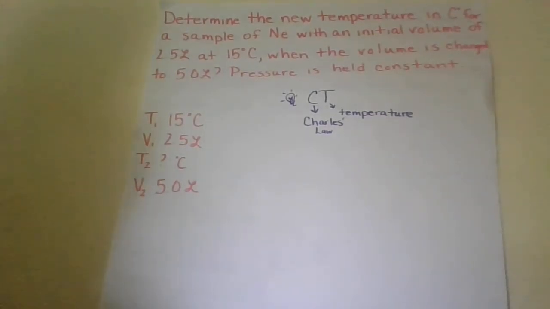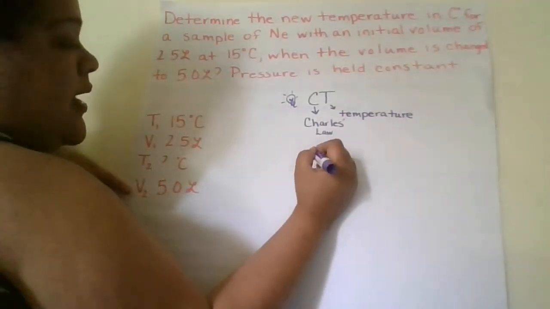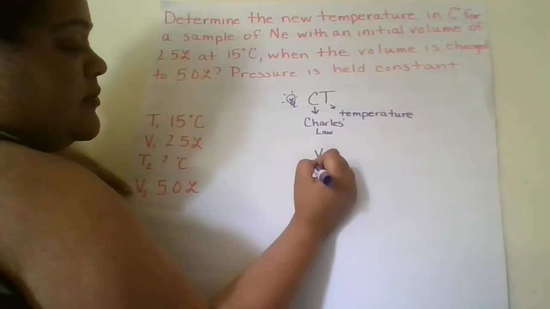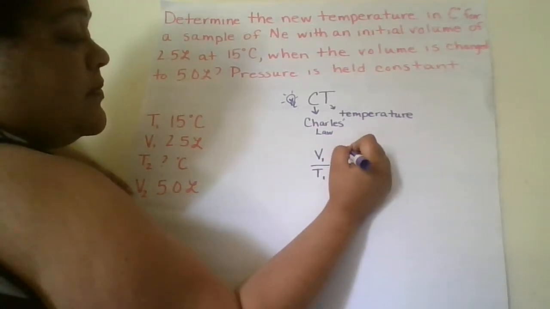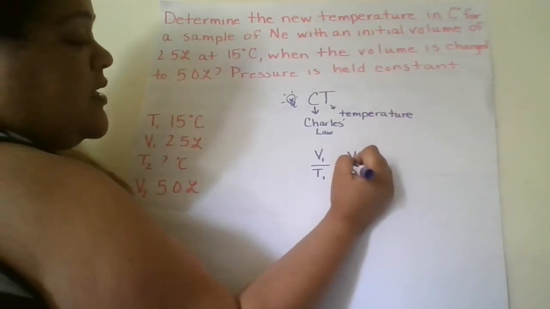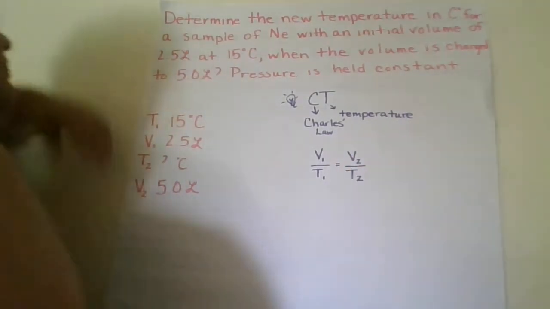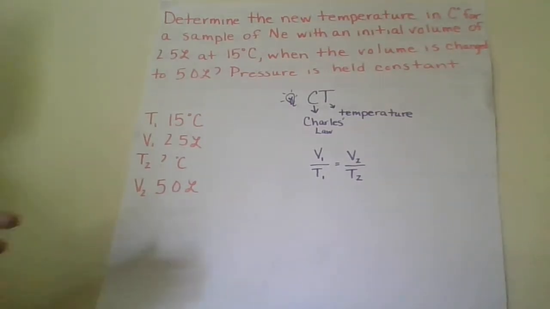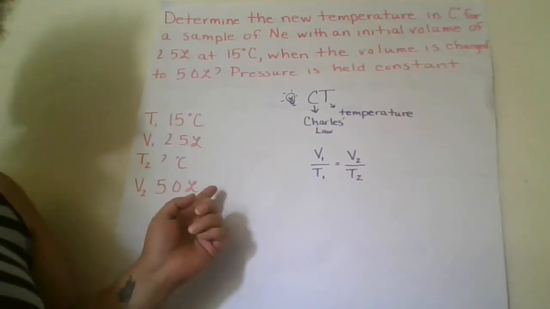What is our initial, without being changed, formula for Charles' law? So we're going to have V1 over T1 equals V2 over T2. But don't plug any numbers into this. That means I've got to move a whole lot of numbers and units.